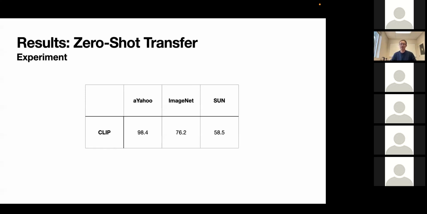The first experiment is really simple. The authors just want to test the CLIP model using zero-shot transfer to other data sets, because the authors used 400 million data for training, and for the test they also use some data that was not in the training set.